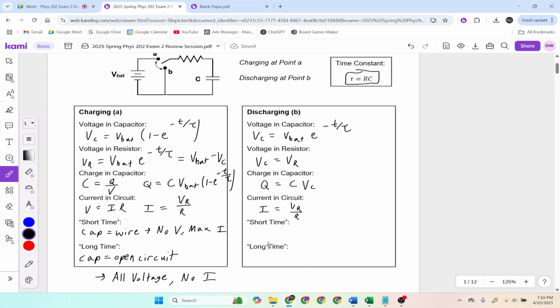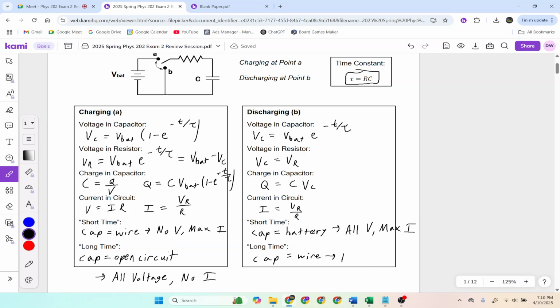And then after a short time, we say the capacitor acts like a battery. This is what I was saying earlier. And when that happens, it means it has all the voltage and we are at max current. And then finally, after a long time, we say the capacitor is a wire again.